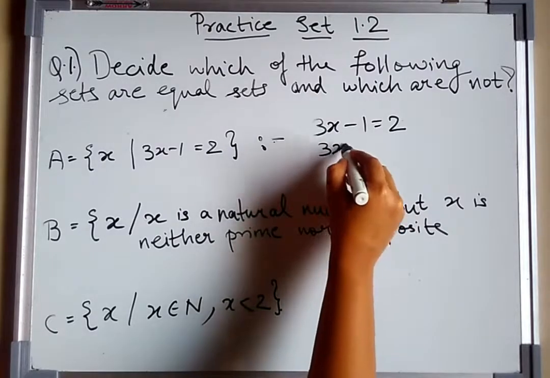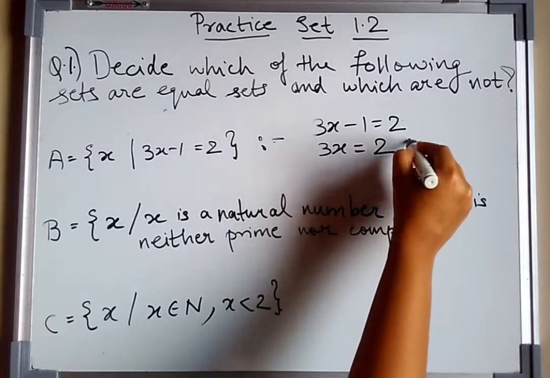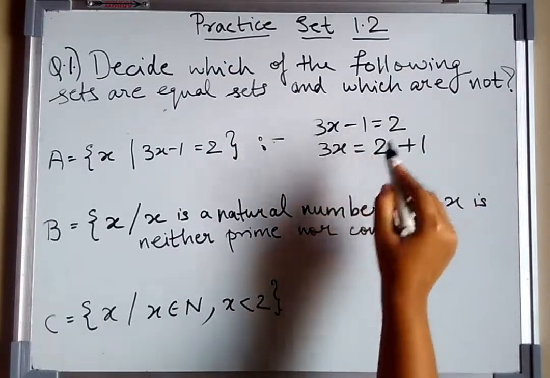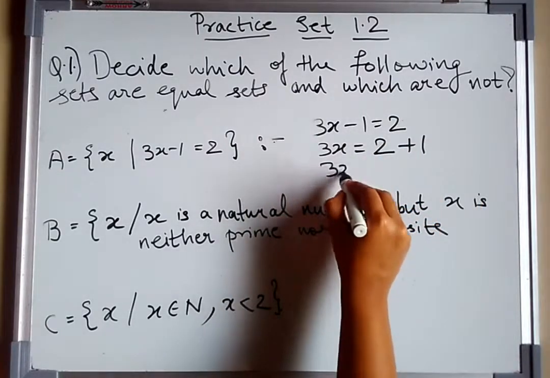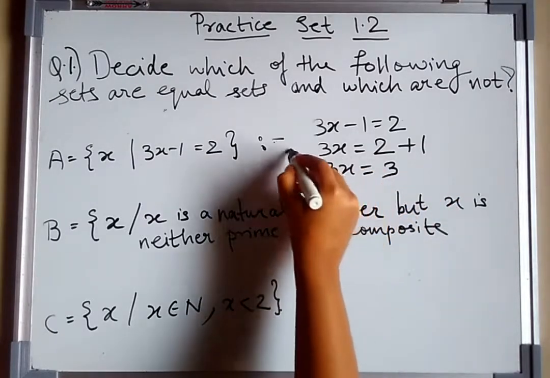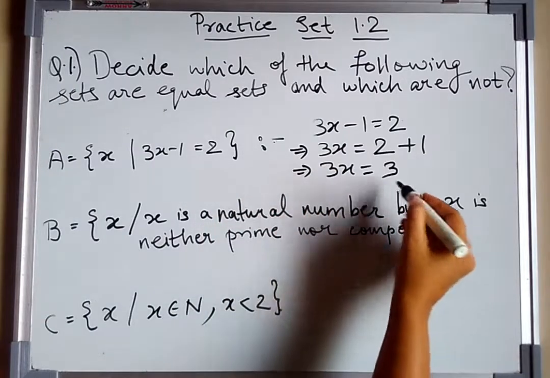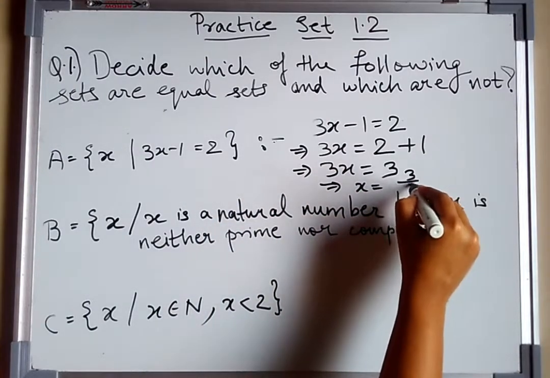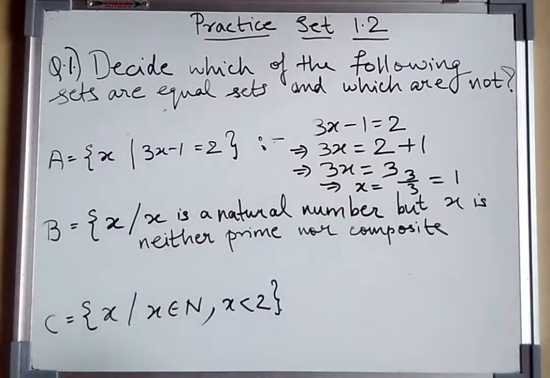So 3x is 2 plus 1. This minus 1 goes that side and becomes plus 1. And this implies 3x is 3, and this will imply x is equal to 3 by 3, that is 1.